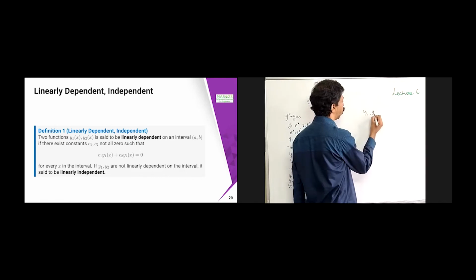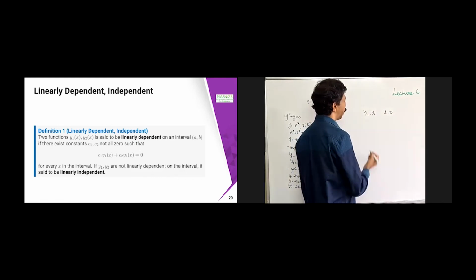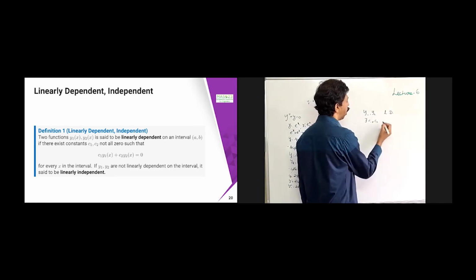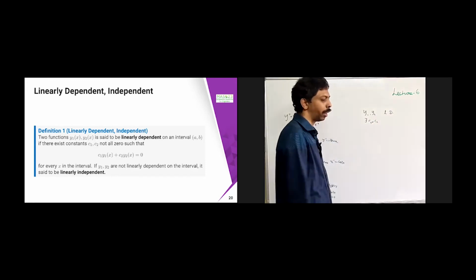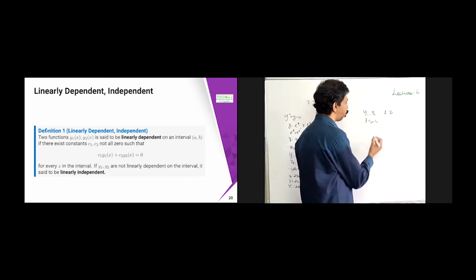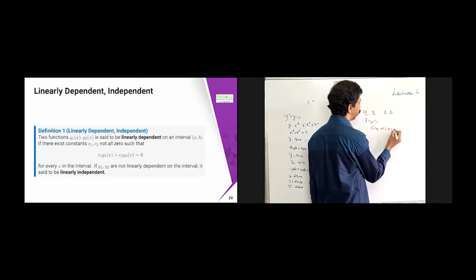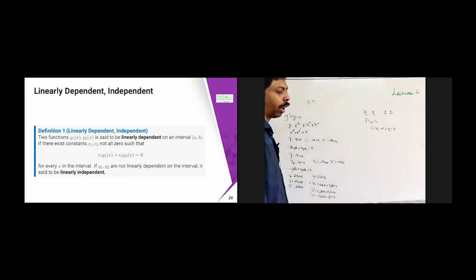They are said to be linearly dependent if there exist constants c1 and c2, not both simultaneously 0, such that c1 y1 + c2 y2 = 0. In that case we say this is linearly dependent.